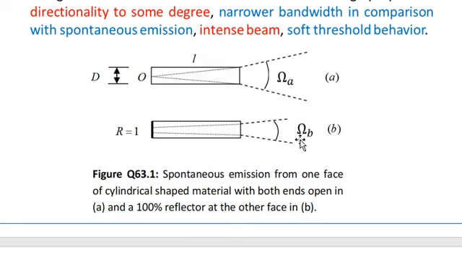The solid angle of the light that is emitted will be sigma B. So sigma A and sigma B are the solid angles for the geometry in A and for the geometry in B. The caption of the figure is: spontaneous emission from one face of the cylindrical shaped material with both ends open in A and a 100% reflector at the other face in B. So these two geometries can be used to observe the amplified stimulated emission.